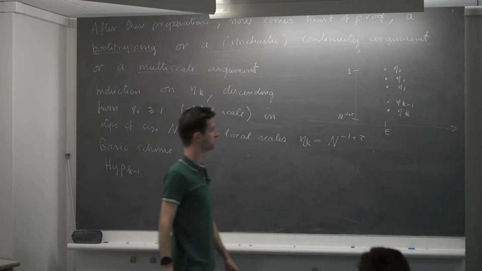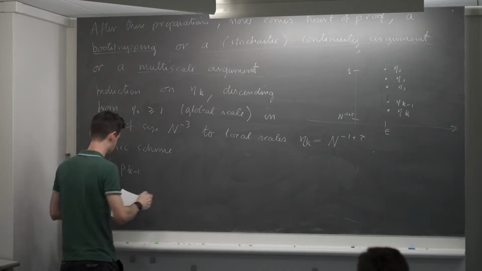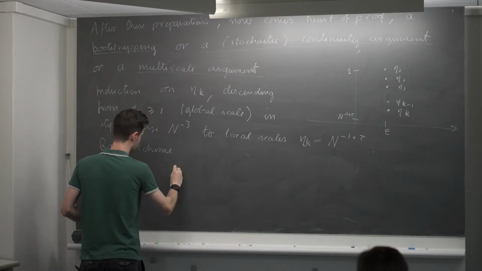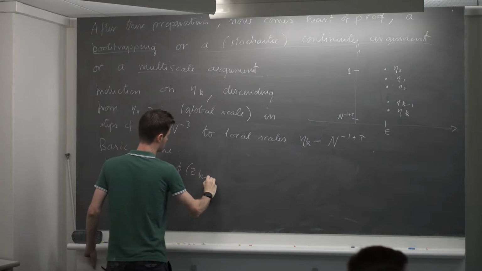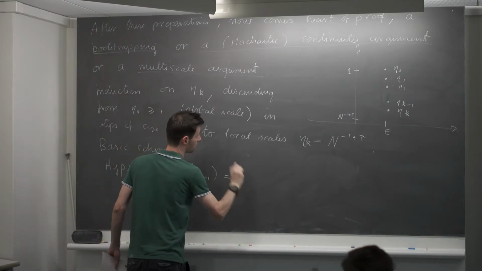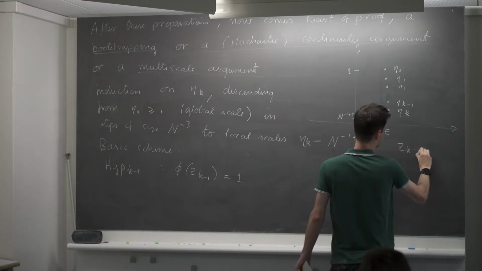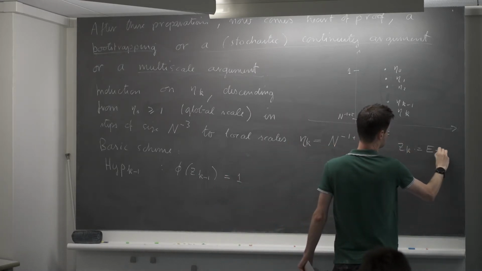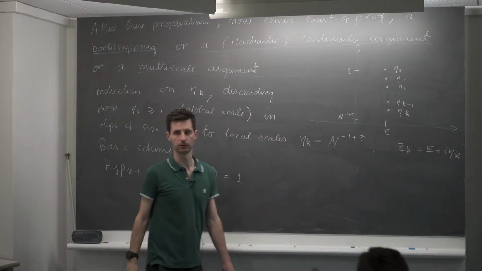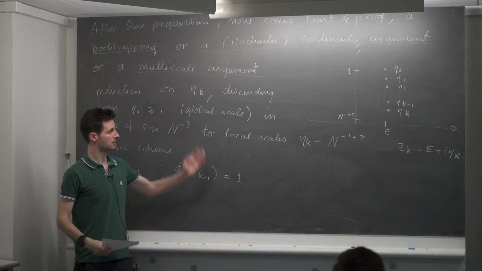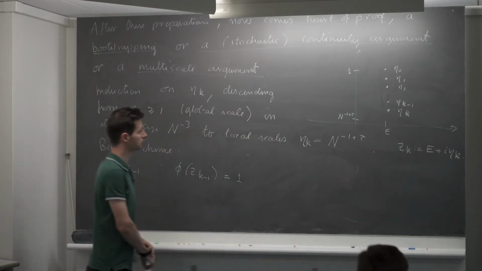So you have a hypothesis at eta k minus 1. And this hypothesis is precisely, so this of course I call zeta, so zeta k is going to be equal to E. So I never touch the E. The real part is always the same. This is an induction which happens at a fixed value of the real part.